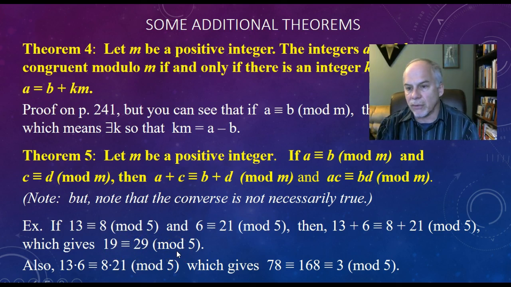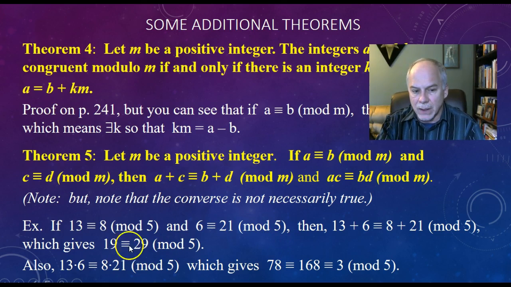Now, what is the remainder when both the left side and the right side of that congruence are divided by 5? Well, it's a remainder of 4 on the left side and a remainder of 4 on the right side. So, of course, they're congruent mod 5. All right? Now, you can also multiply.